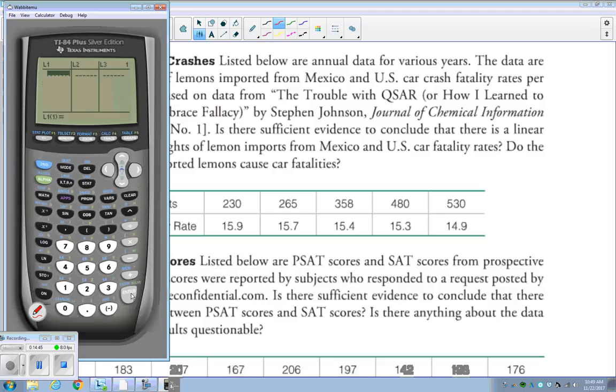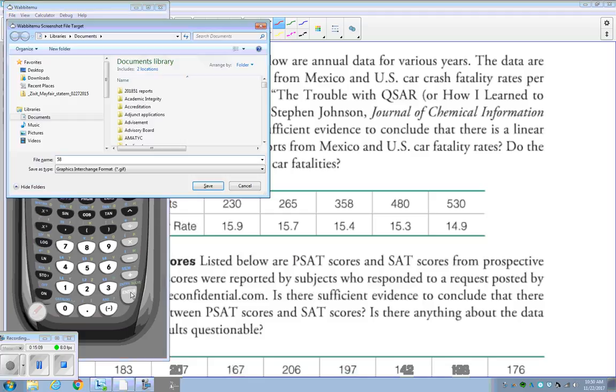So of course I'm going to go into my list. If you have data in there, you remember how to clear it out: cursor up, press clear, and then press enter. And let's go ahead and enter the data. Again, the lemon imports in L1. I always do that.